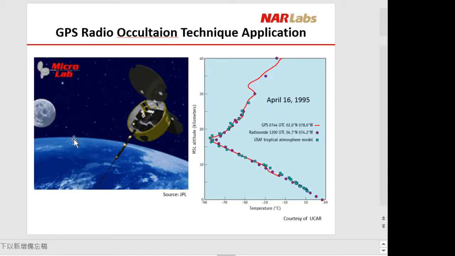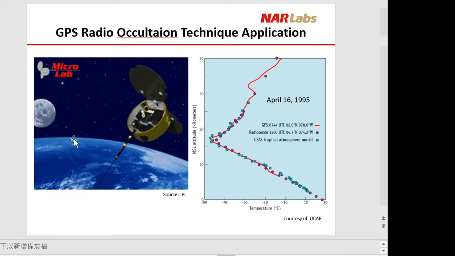Therefore, people may ask why we don't apply this technique on the Earth. Yes, people did. Remember that if we want to apply the radio occultation technique, we need two satellites: one satellite to transmit the signal, and the other to receive it. People did some experiments with two satellites, but the price was too expensive.